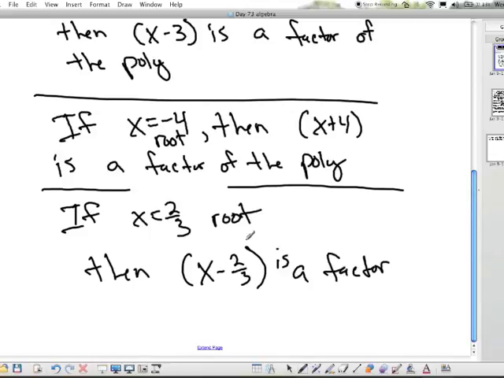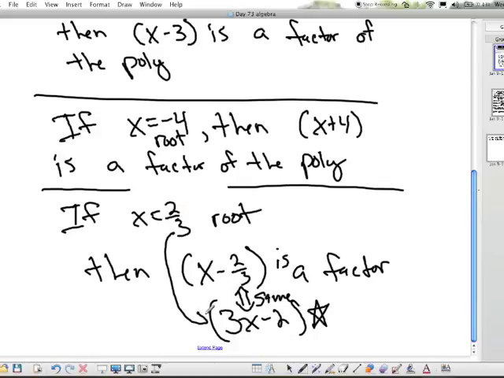But in algebra, we don't like to have fractions, so it's really 3x minus 2 is a factor. These are the same. We prefer 3x minus 2. So if you have a root that's a fraction, write it as this right there. So if 2/3 is a root, write your factor as 3x minus 2. Write your factors without fractions, please.